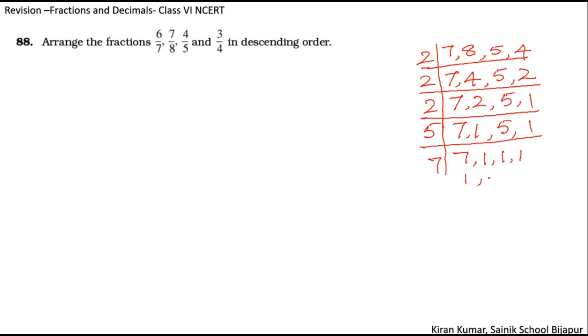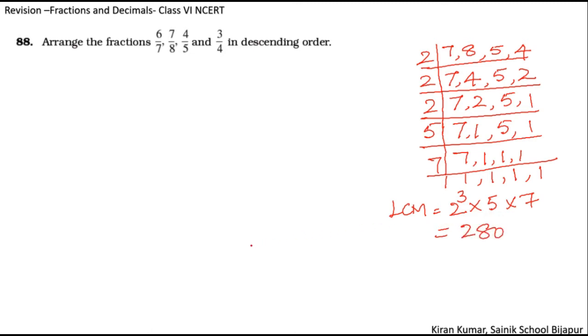Now 7, so all the numbers are divided now. The LCM will be the product of 2 3 times multiplied, 5 one time multiplied, 7 one time multiplied. 2 cube is 8, 8 5s are 40 multiplied to 7 is 280. So we got the LCM as 280.